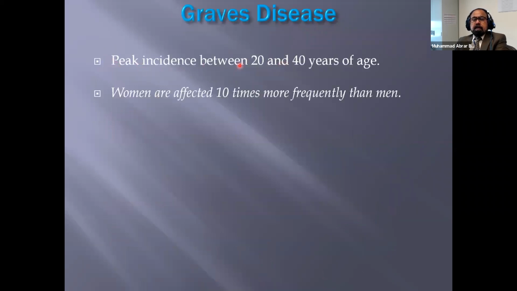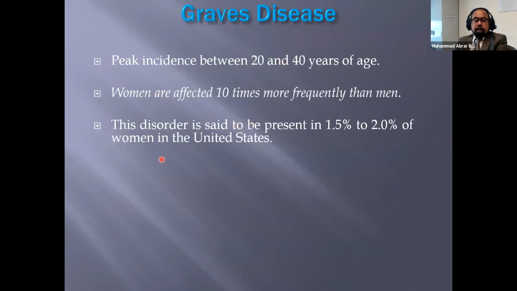The peak incidence is about 20 to 40 years of age. Women are affected 10 times more commonly than men. This disorder is said to be present in 1.5 to 2% of females in the United States.